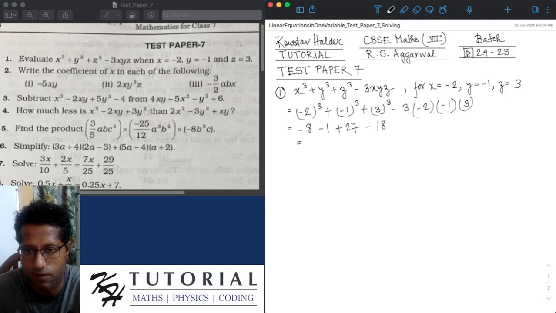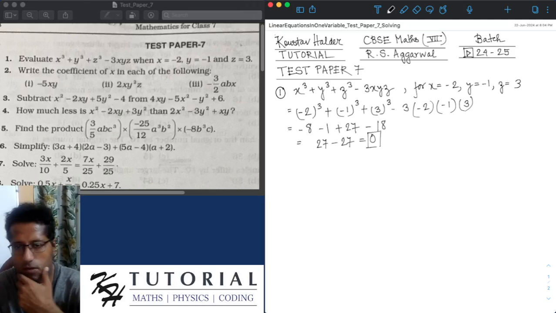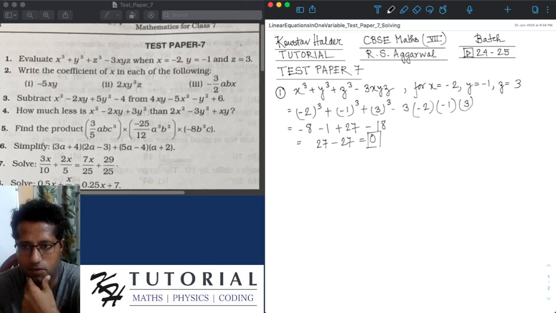If we further simplify, this becomes minus 8 minus 1 plus 27 minus 18, that is 27 minus 9 minus 18, and this is 0. So the answer is 0. The value of this given algebraic expression for the given values is 0.